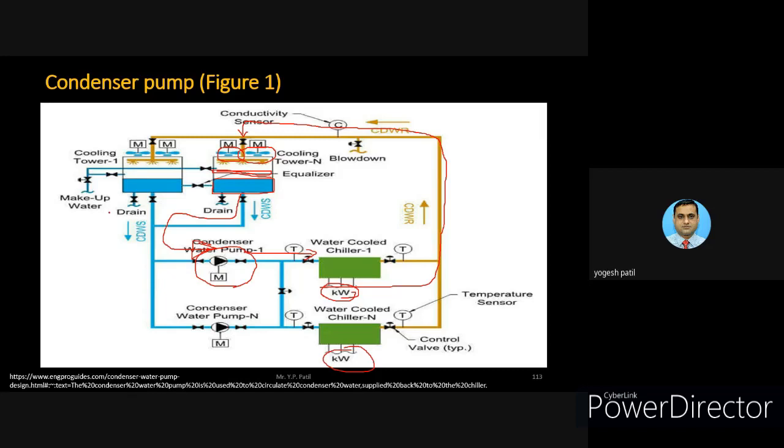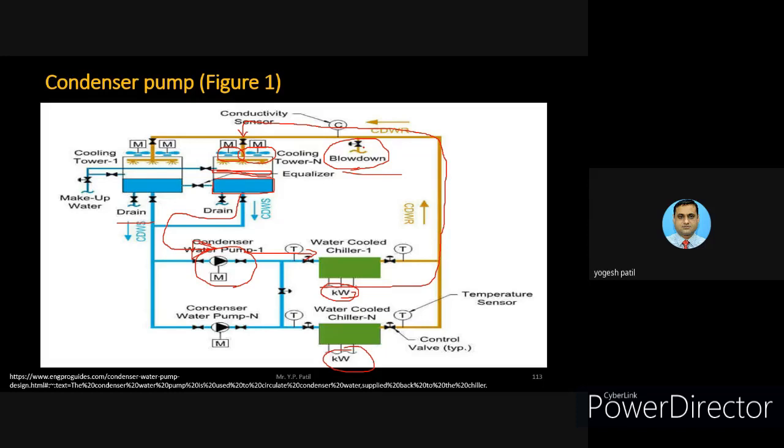So here you can see that there is a drain arrangement in the cooling tower. Sometimes if we need to drain this out, then this drain valve will be opened, and maybe there is a blowdown. If the conductivity of this chiller water is rising, if the conductivity is not maintained at proper values, as conductivity is always continuously measured in this cooling process, and if this conductivity varies, then that water can be blown down by this particular valve.